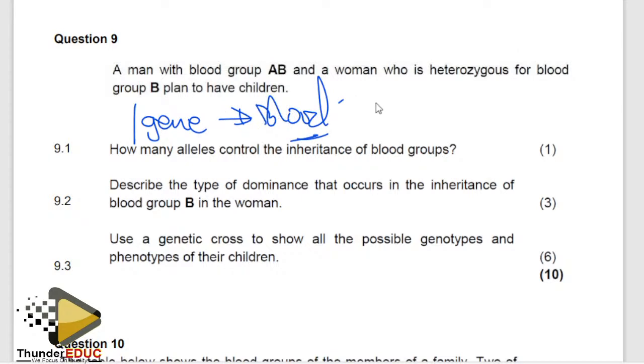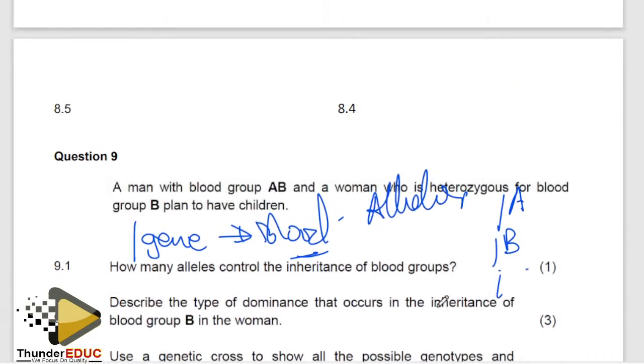But how many alleles? There are 3 alleles: allele for A, allele for B, and allele for O. Guys, please don't make a mistake and write allele for A like this. This is not A. This is a Roman numeral, which means 1. Allele for B is supposed to be written like this.